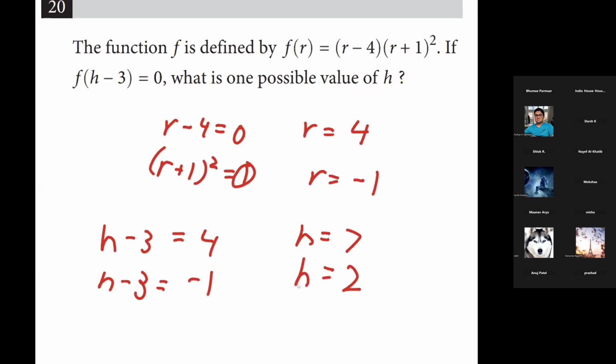And so for this question, you could have put either of these answers as the correct answer. They accepted both. I'm just going to circle this one because why not? But both of these are correct answers that they did accept. 7 and 2.